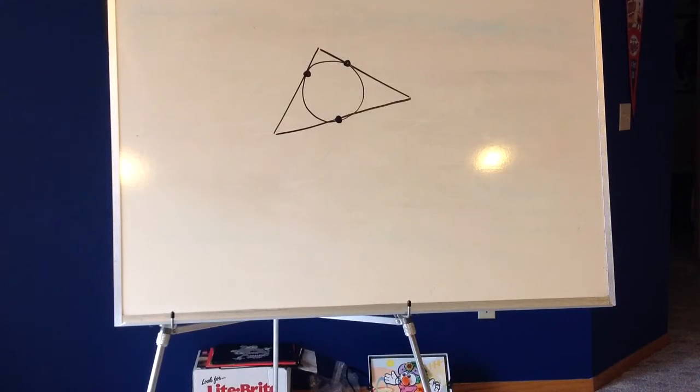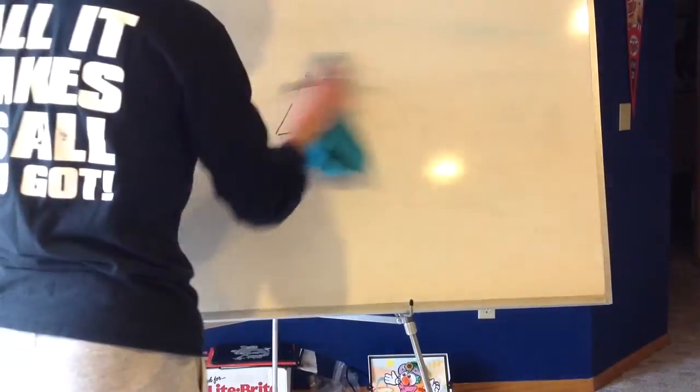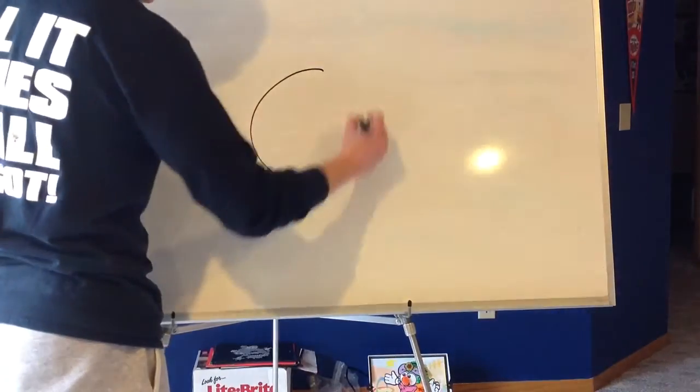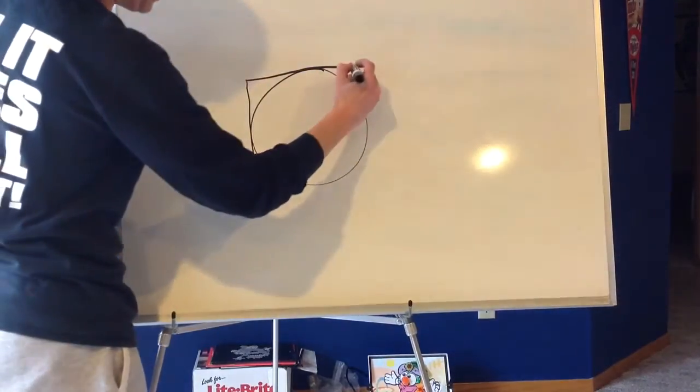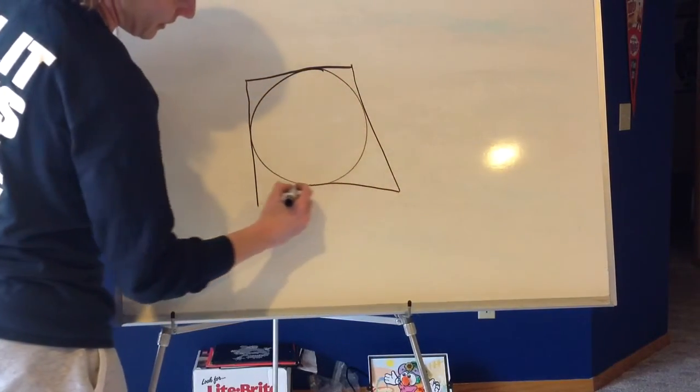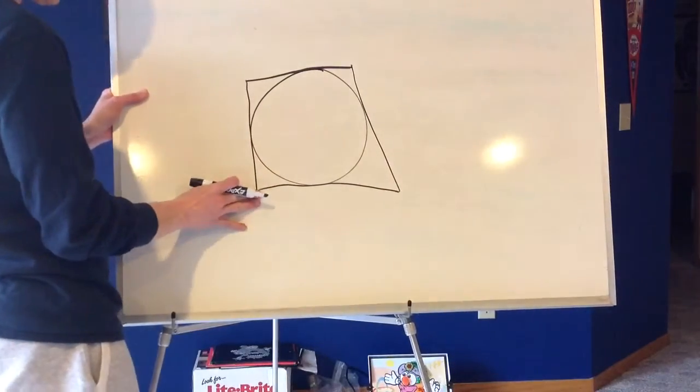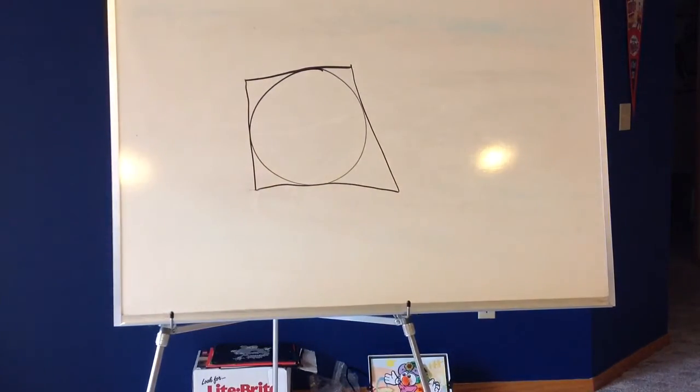Okay, so then example 5 has you use that with a quadrilateral. You're given what appears to look like a trapezoid. You have the circle, and then it goes like this. I'll do my best to draw this one here. Obviously the one you guys have looks a whole lot better than mine.